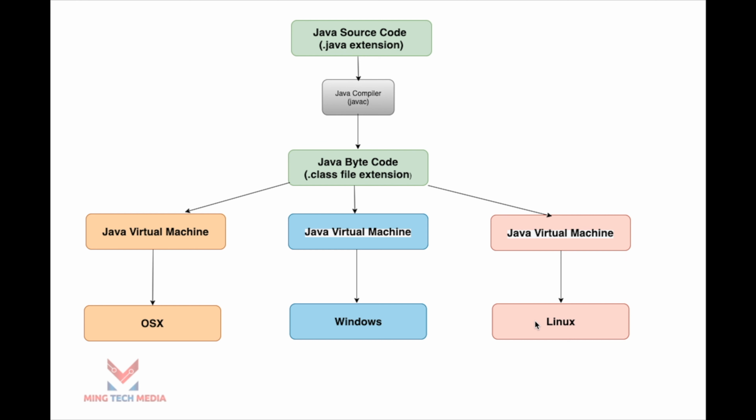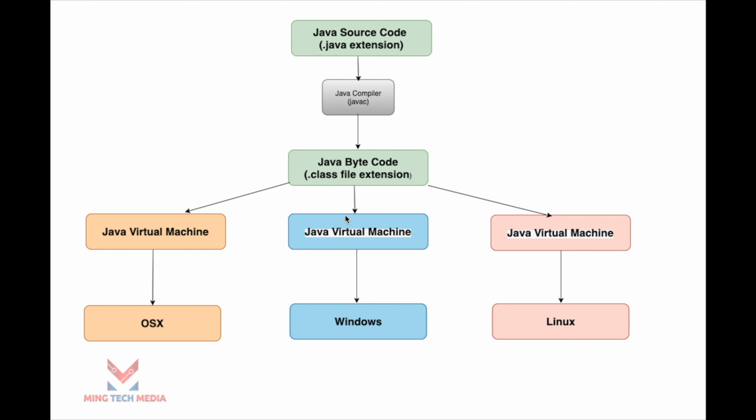So a couple things to note here. I know this is kind of a convoluted diagram, but only a few things to note. Javac, that's the Java compiler. So javac up here, in the gray, that's the Java compiler. It compiles Java code, .java files, into bytecode, which is .class files.